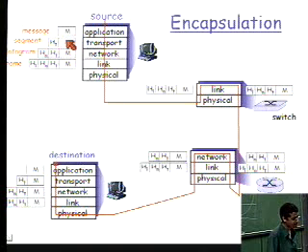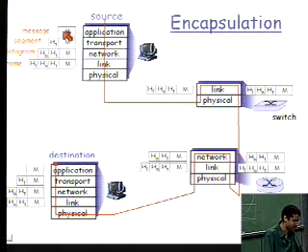Then the transport layer hands this segment to the network layer. The network layer will then attach its own header, and this segment becomes a datagram. The network layer finally hands over this datagram to the link layer, which makes the datagram into a frame by adding a link layer header.